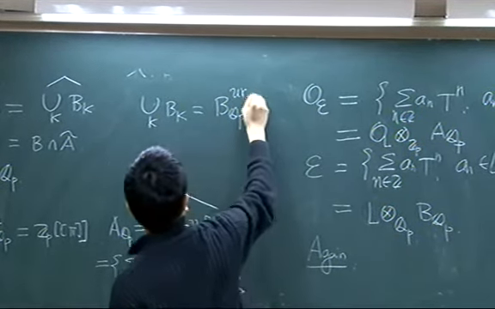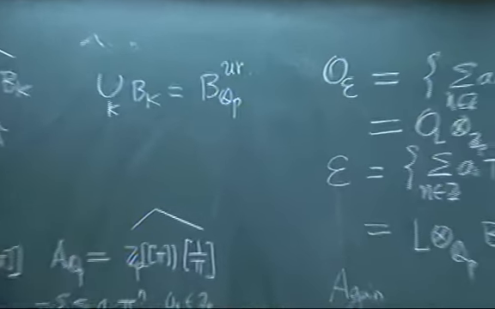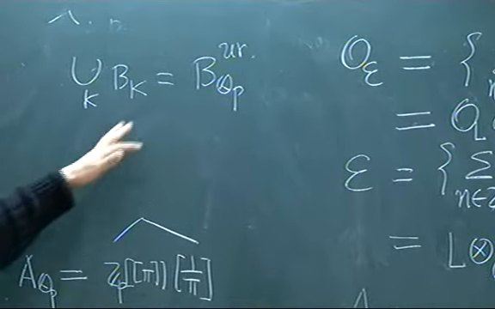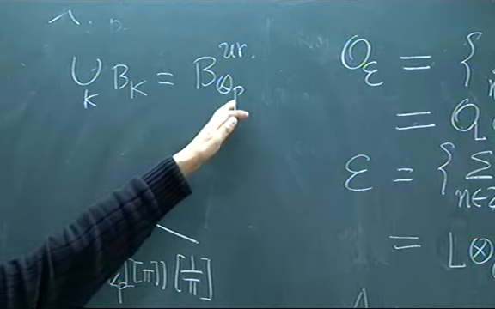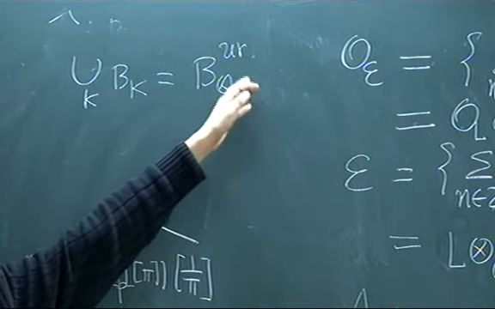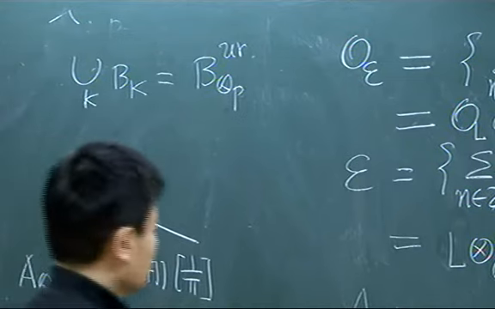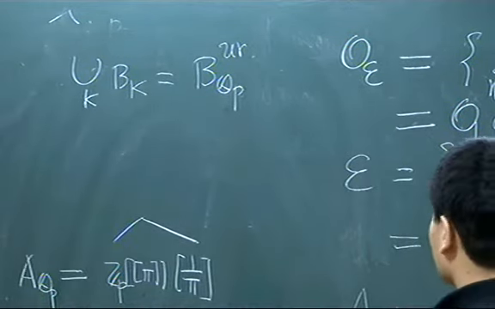This is nothing but this BQP, or this unramified closure of BQP. So you don't have the maximum unramified extension, abelian extension of BQP.